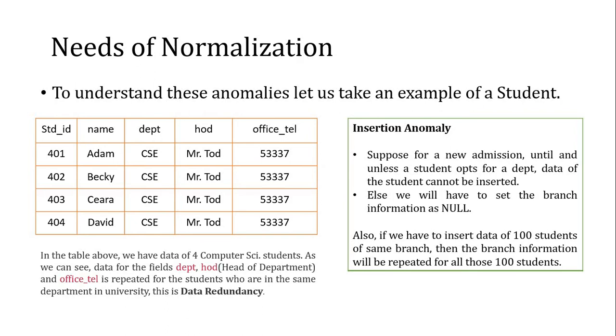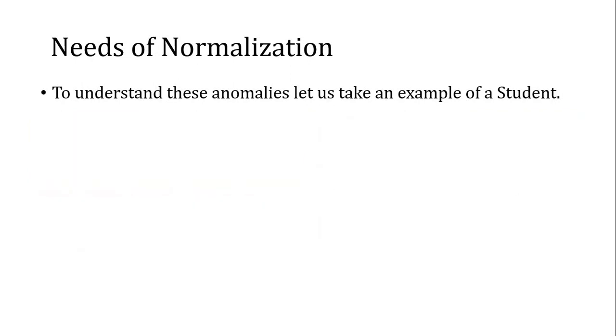So we have to keep this field as null. After the student is admitted, we again insert the data into the same table. So that creates a lot of problems.